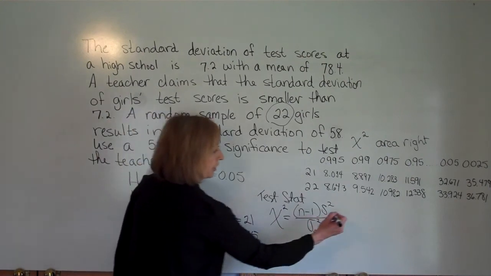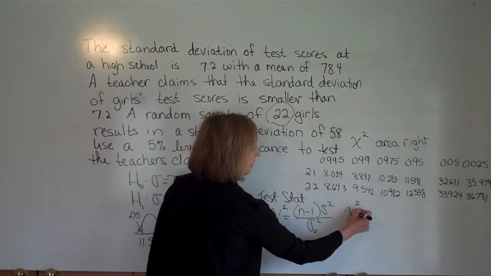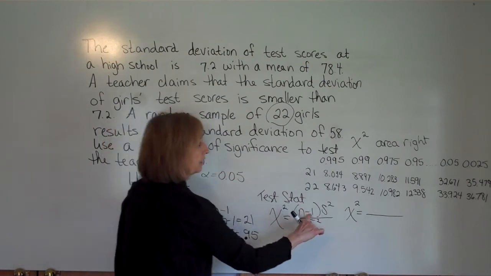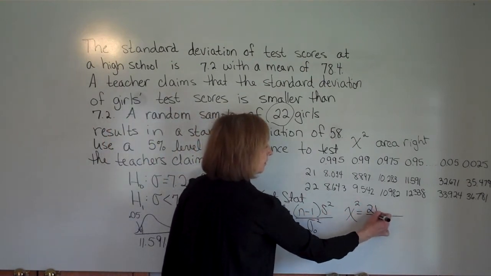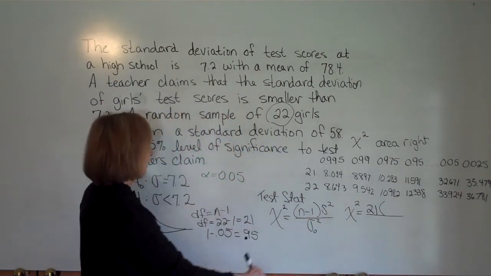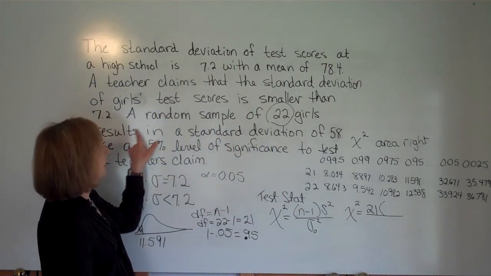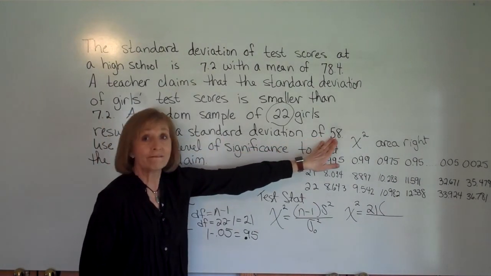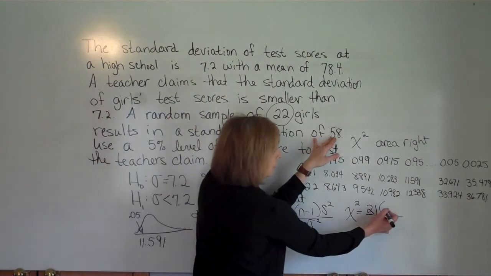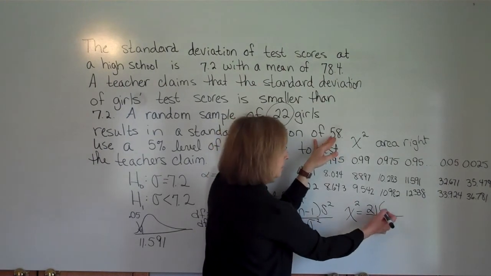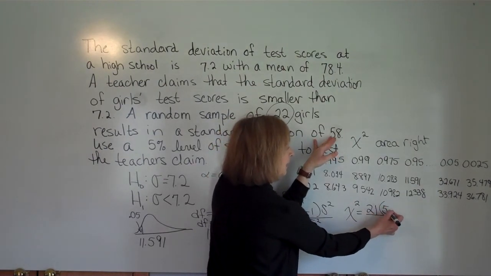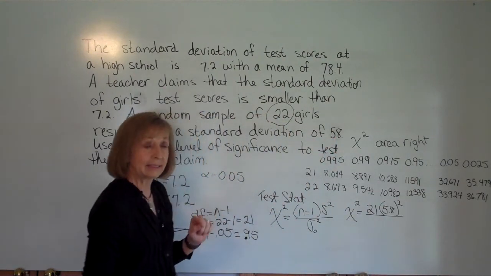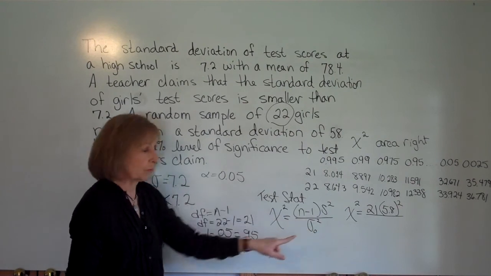So for our question, chi-square is equal to 22 subtract 1, which is 21, times S. The random sample of 22 girls results in a standard deviation of 5.8, so that's S. I have to take 5.8 and square it for S squared, over sigma sub 0 squared.